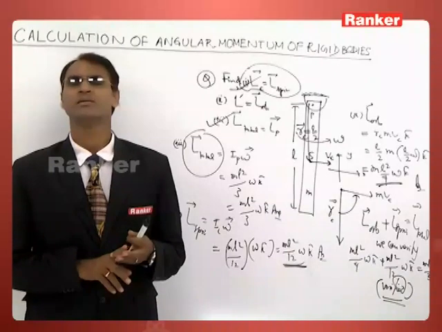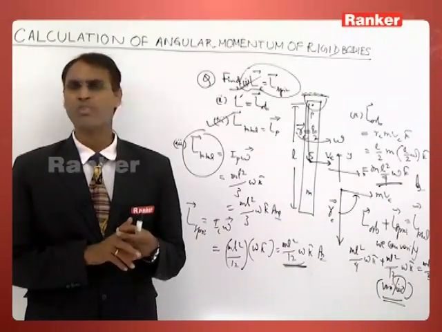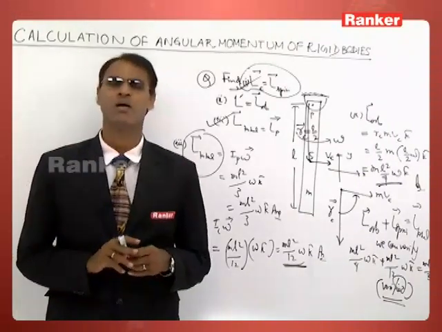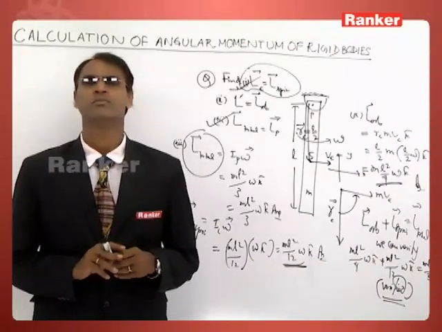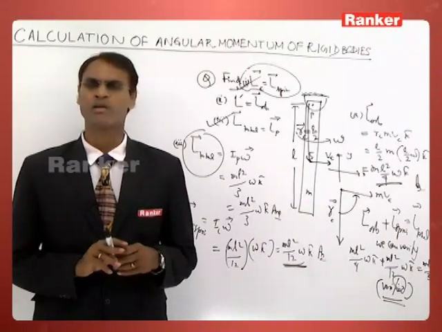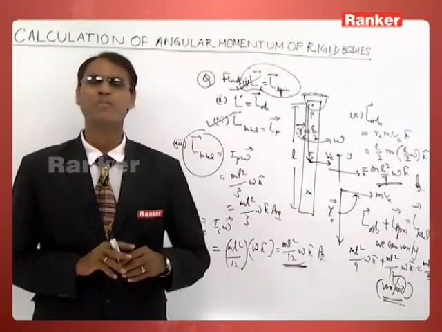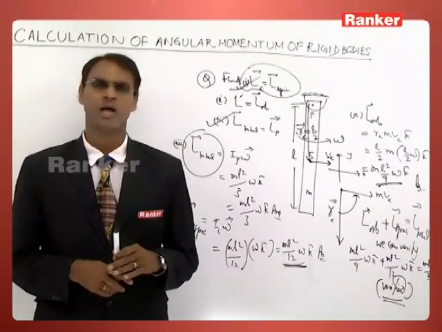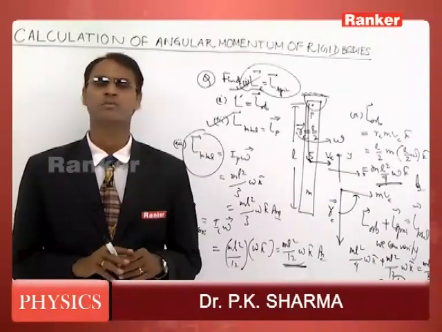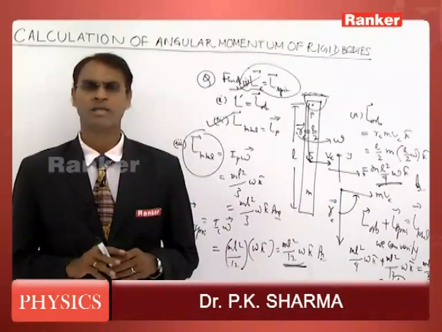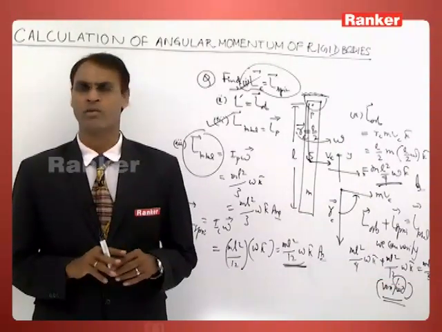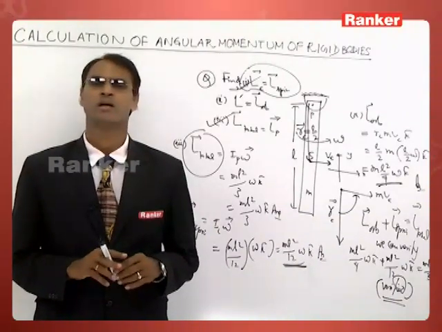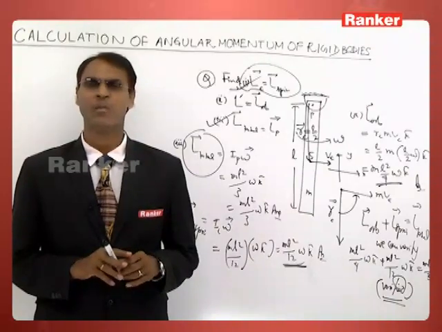And we will prove that the net angular impulse acting on a rigid object will be equal to the change in angular momentum of that rigid object, and the net linear impulse, that is the impulse of the net force acting on the rigid object, will be equal to the change in linear momentum of the rigid body. These two theorems are called the impulse momentum equation.